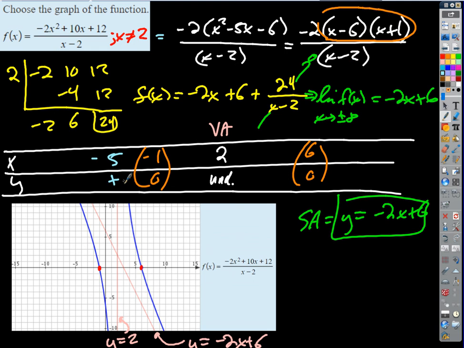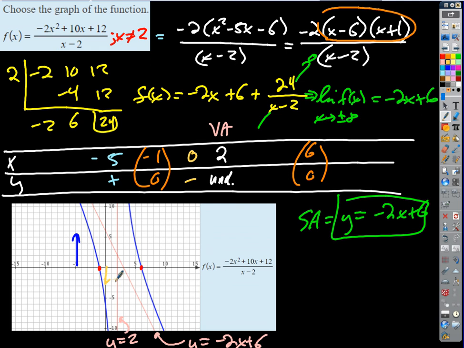So at -5 the function is up, which it is, right? If I try a value in between, like 0, that'd be an easy one. At 0, I get negative times positive, so the top is negative, divided by positive is negative. So the function at 0 is going down, which it is, right?